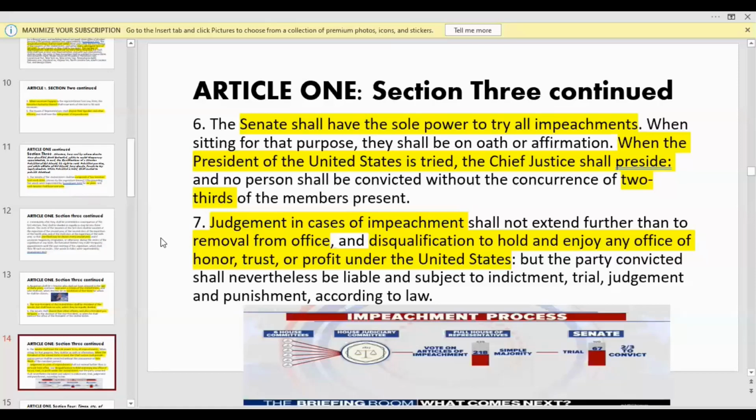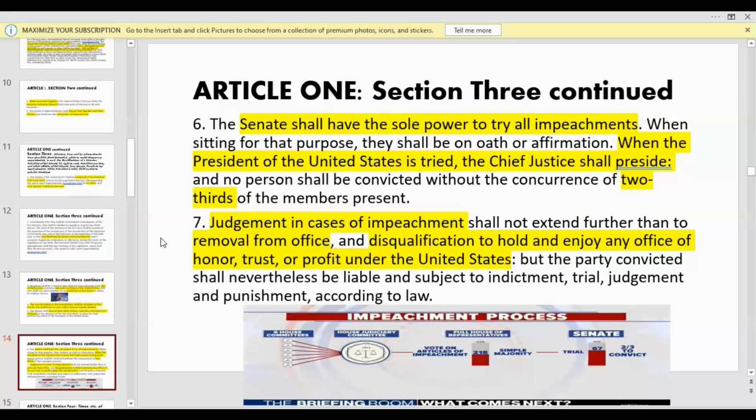It would go to the Senate for a trial presided over by the Chief Justice of the Supreme Court. Probably they would come to the conclusion that shooting somebody on Fifth Avenue in front of all these witnesses for no apparent reason is probably something that should remove him from office. So this man is now removed from office. What does that do? Does he go to prison for murder? And the answer is no.